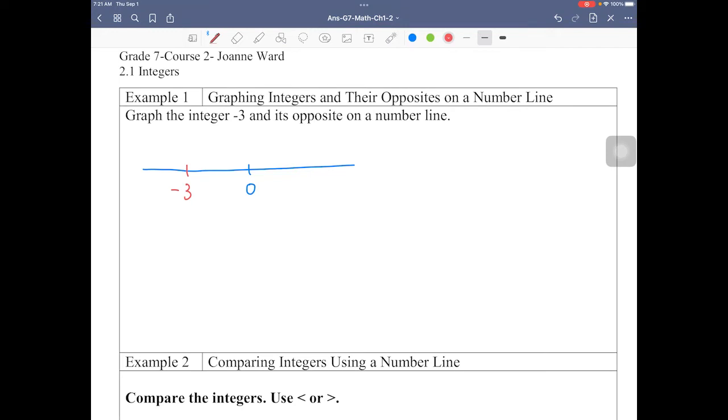The opposite is the number with the same distance from 0. So same distance, 1, 2, 3. This becomes +3. So the opposite of -3 is +3.